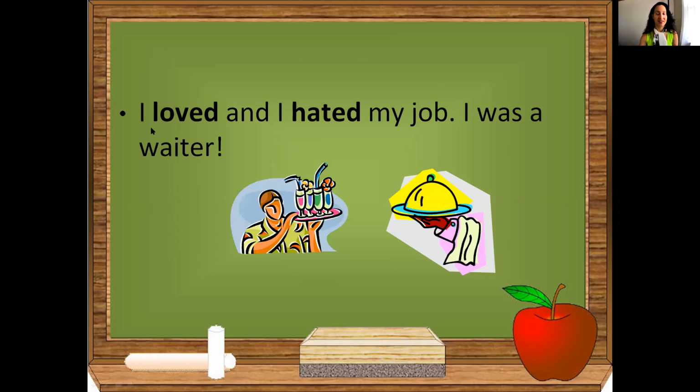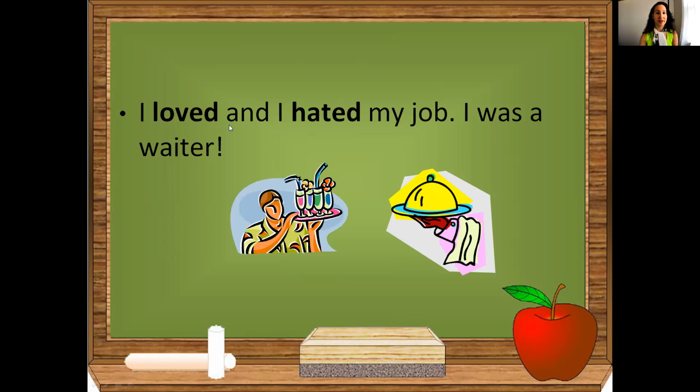Here's another one. Now think about this word and think about this word. Now these are for you to think about. What sound is it? There's 3 sounds. We have the D sound, we have the T sound, and we have the ID sound. Now the ID sound is not ed, it's id, okay? I loved and I hated my job. I was a waiter. Did you get it? So think about the sounds. Now say this with me.